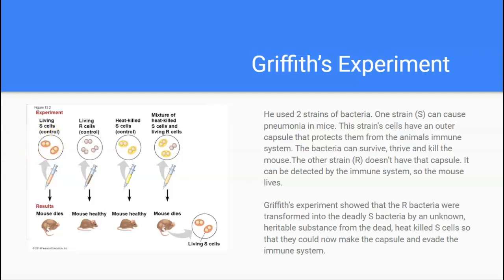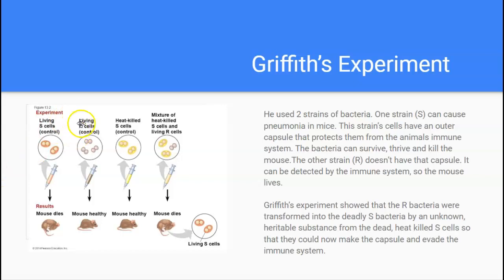That shell stands for smooth because this shell, or this capsule, kind of camouflages the bacteria so that the mouse's immune system can't detect it. It can't figure out that that's actually a bacterial cell, okay? So imagine you take this special S smooth bacteria, inject it into a mouse, mouse dies because its immune system can't detect it. Okay, that makes sense.